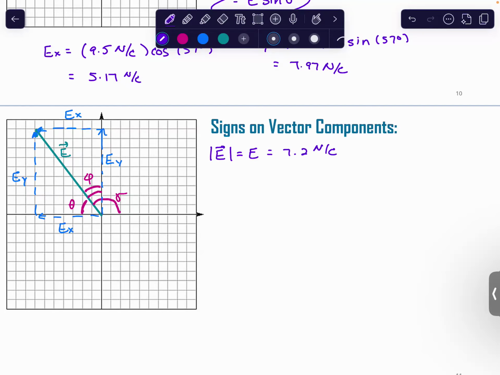And then we're going to make gamma 132 degrees. Look at where the electric field vector is. Does 132 degrees seem possible? Why?